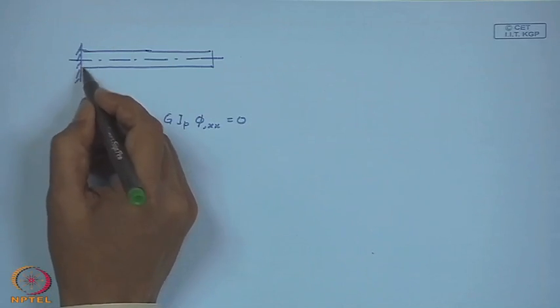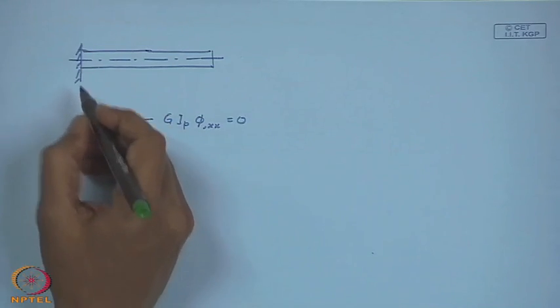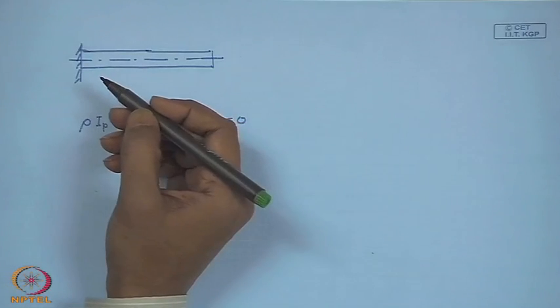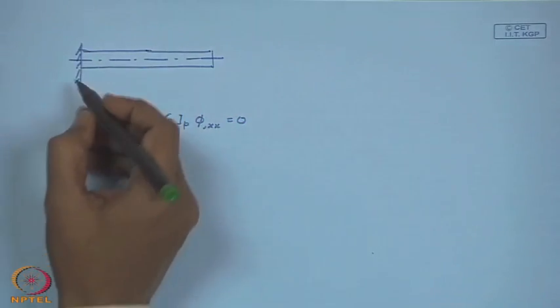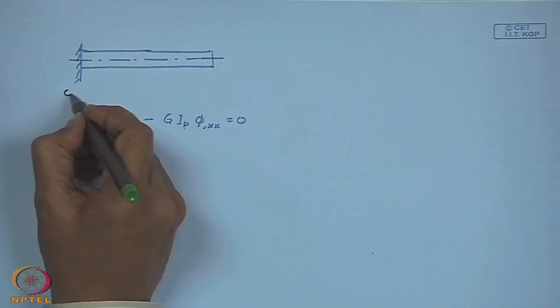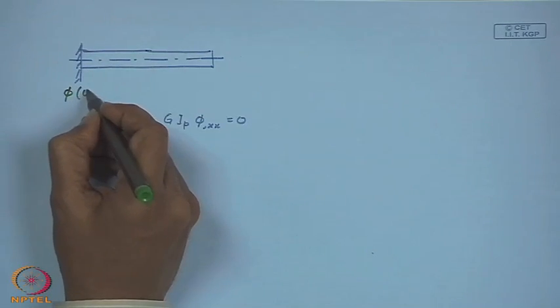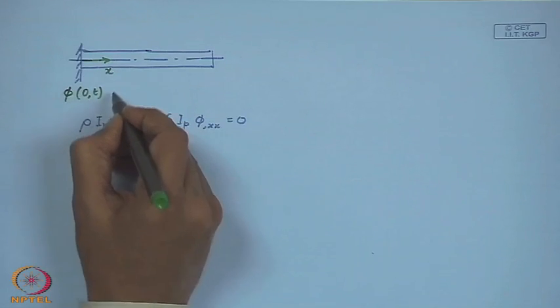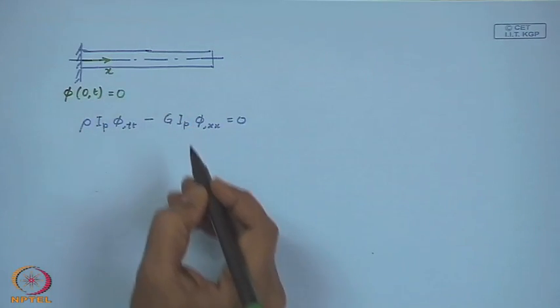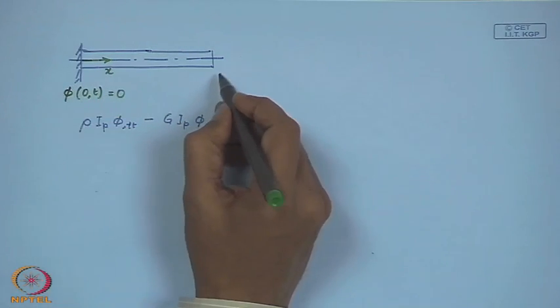So, here this bar is connected to the wall, and therefore this end of the bar cannot have any rotation. So, this again is a geometric boundary condition.